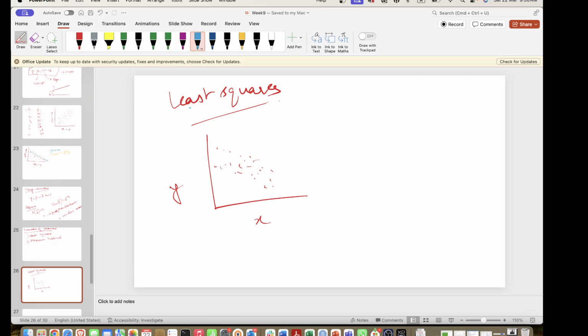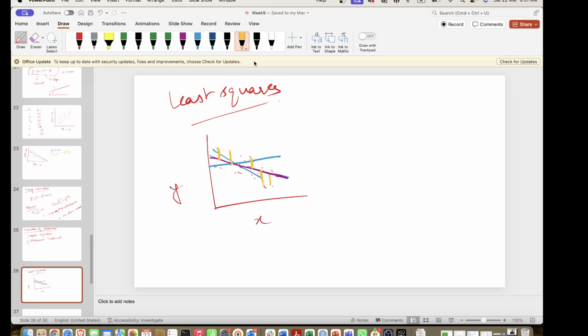We can plot this line, this line, this line, and out of them we are going to find the line such that the vertical distances between the observed y and the estimated y are minimized.